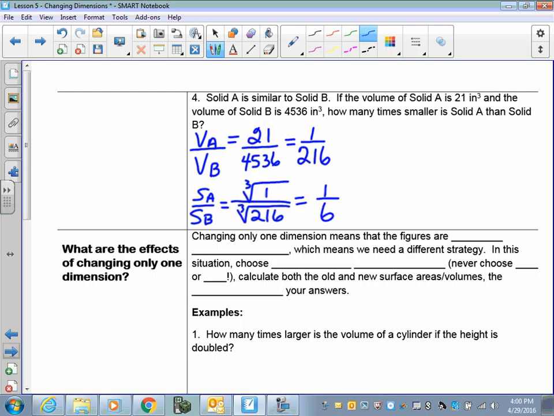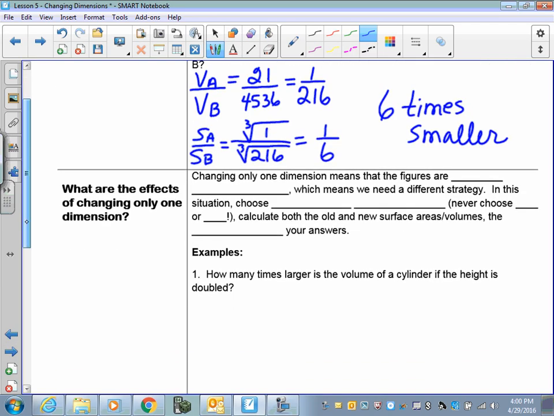Therefore, solid A is 6 times smaller than solid B. Really, all I'm doing is going back and forth with the ratios of scale factors, surface areas, and volumes.